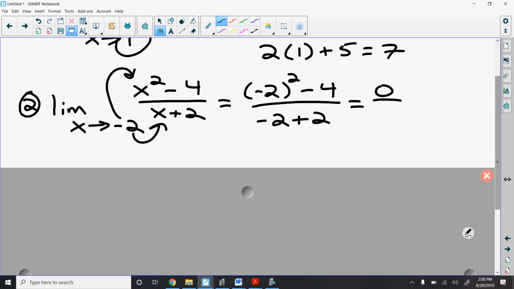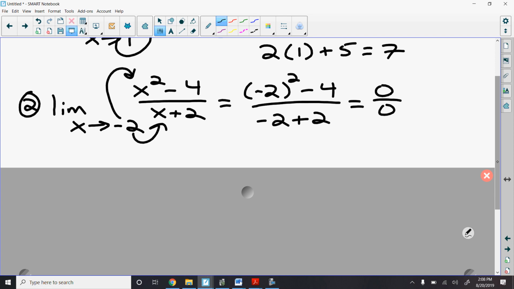On the bottom, I get -2 plus 2, which is 0. So I get 0 over 0. We know in math that dividing by 0 is undefined, so -2 is undefined in this rational function.